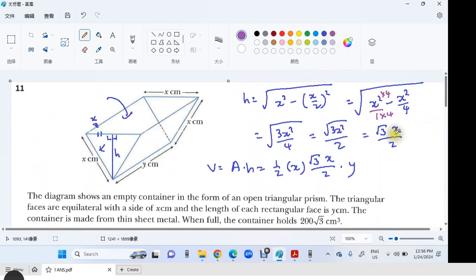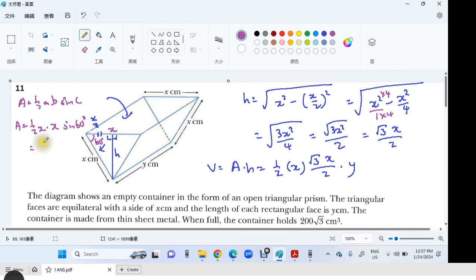There is an easier way to find the area. We have a 60-degree angle here, and this side is x also. So we know that the area is 1 over 2 ab sine C. So the area here is 1 over 2 times x times x times sine 60.